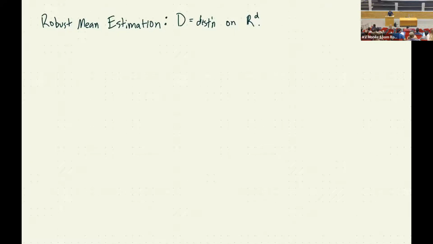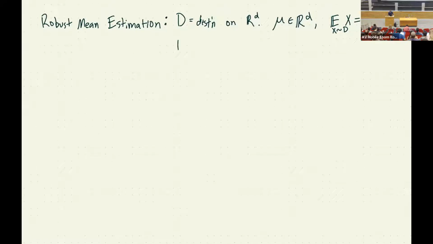And just for some notation, we're always going to have mu be some vector in R^d, which is the expectation of this distribution. So if I take a draw x from D and look at the expectation, that's mu. And I'm going to make an assumption about the covariance of this distribution.